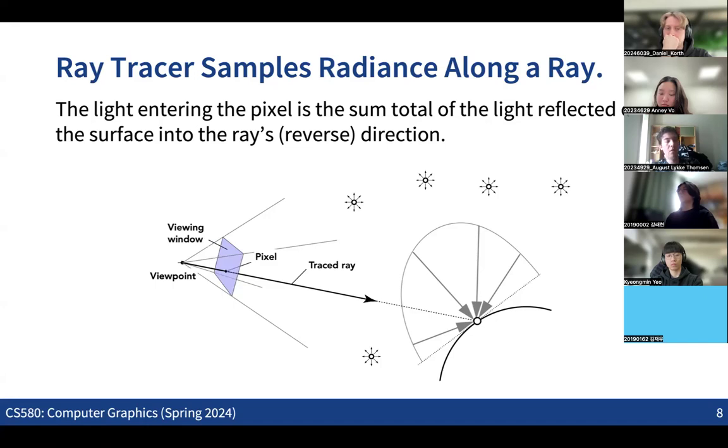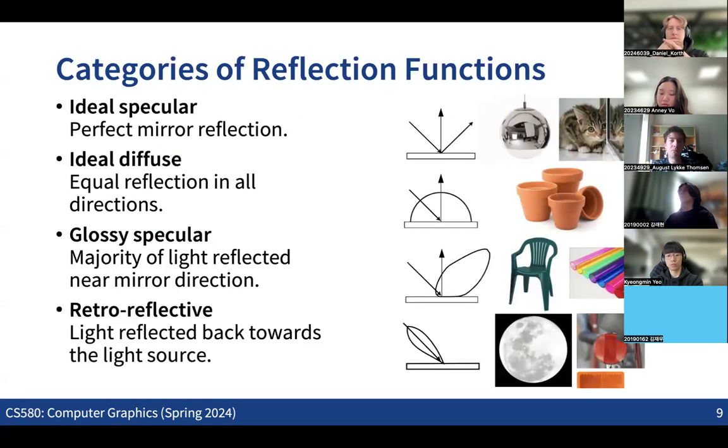For every point, for the incoming direction and the outgoing direction, we have a different amount of radiance, because the radiance will change depending on the reflection that we make for each surface. Each surface will also have different patterns of reflection, and this pattern of reflection defines the property of the material for each surface. That's also what we are going to discuss in the rest of the course, in terms of how we are going to define the reflection in the models.